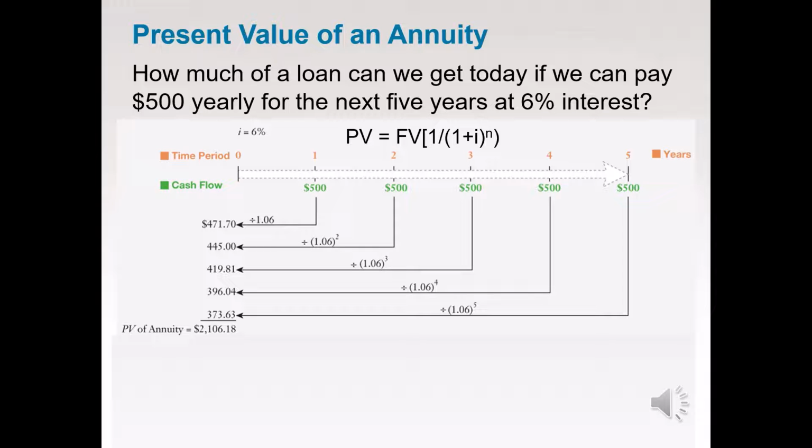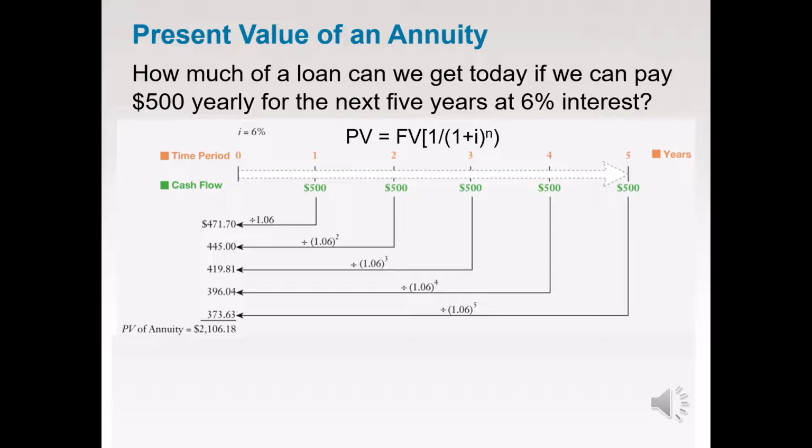So year 1, $500 divided by 1.06 gives us a present value in year 0 of $471.70. In year 2, we take $500 divided by 1.06 to the second power because it's the second year, and that amount is $445.